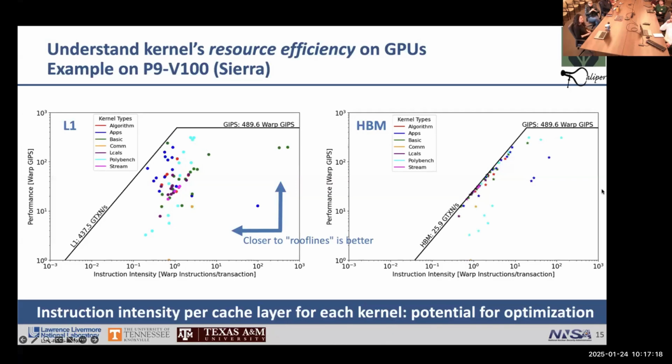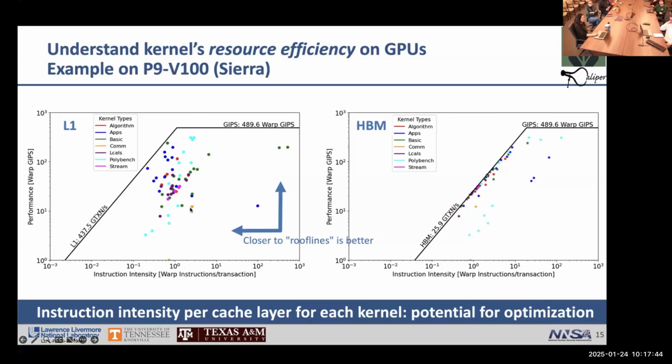Another thing that we can look at is the resource efficiency on GPUs. For this one, we used NVIDIA Insight Compute and Caliper to gather the performance metrics. We also needed to look at GPU hardware counters while the kernel is executing. For visual purposes here, we split this by the different cache layers.